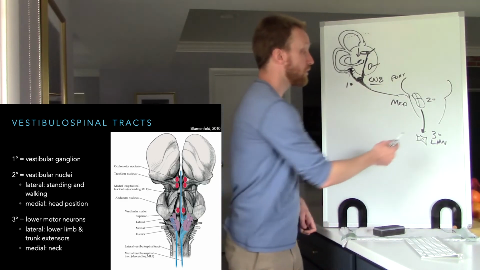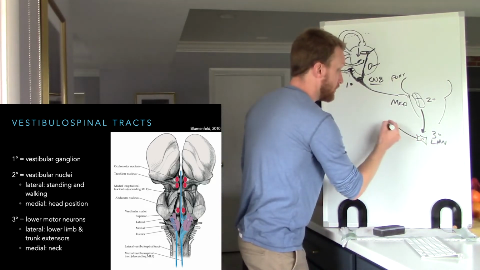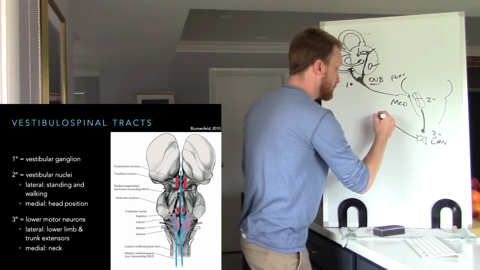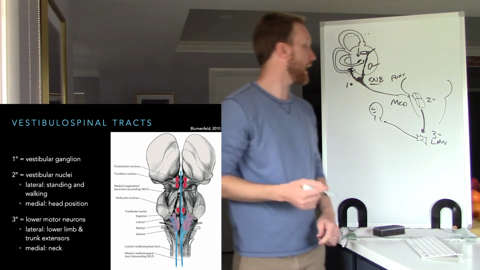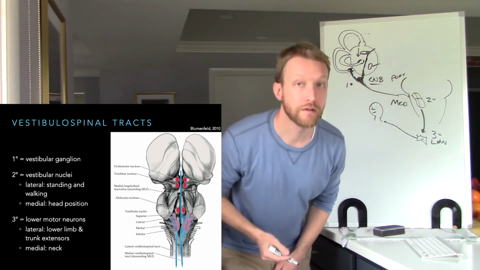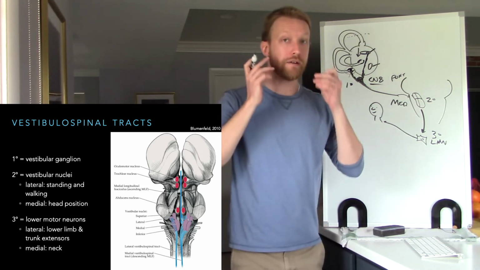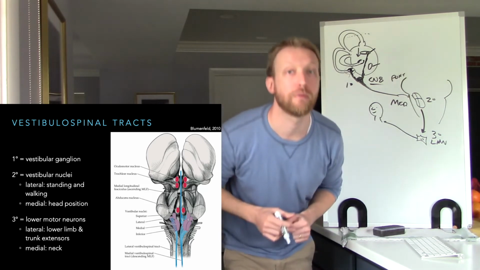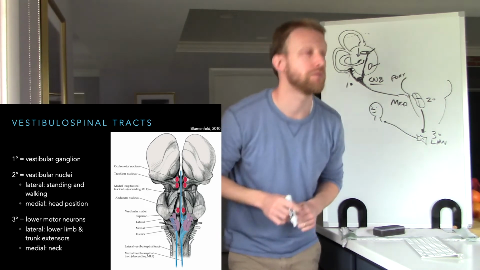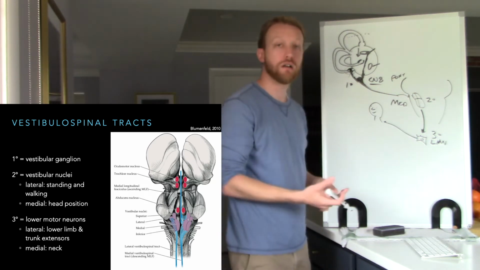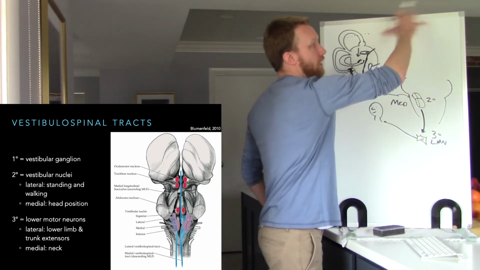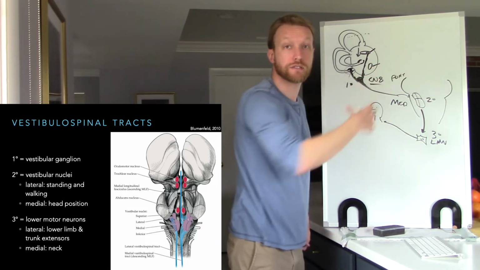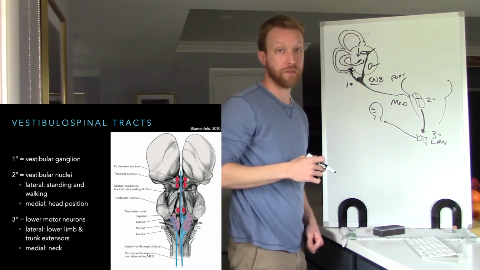So we're going to hit lower motor neurons that help control the neck, so that as we bend, our body will bend our neck as well and keep our head upright, if that's what we want to do. And you don't have to give it much thought. This is essentially a reflex because you'll notice nowhere have we gone up to the cortex for any of this. So this will just run automatically.